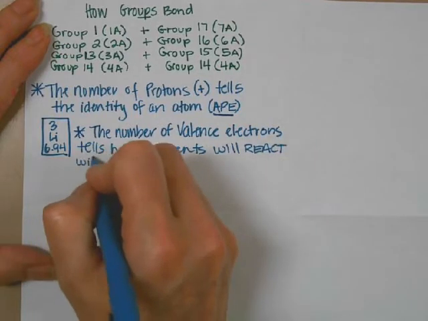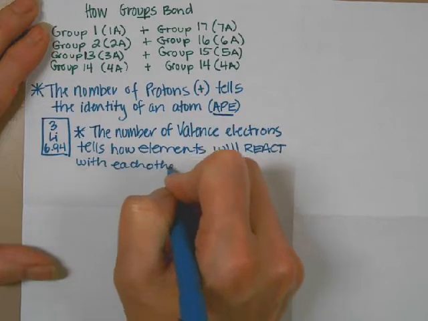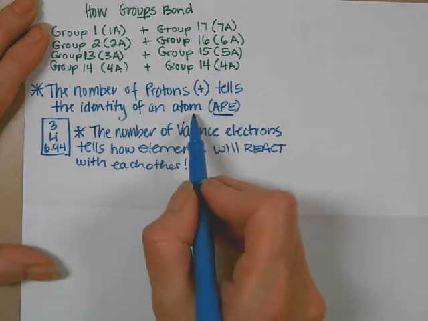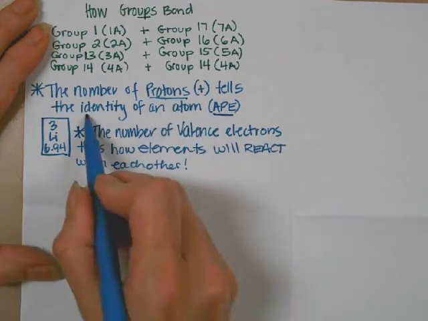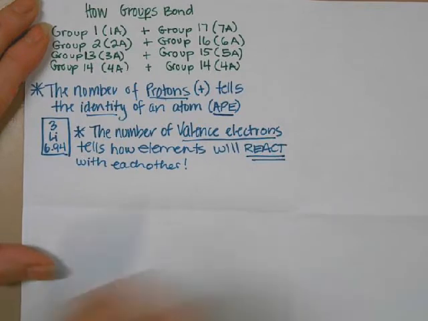So, protons determine the identity, and valence electrons determine reactivity. Okay?